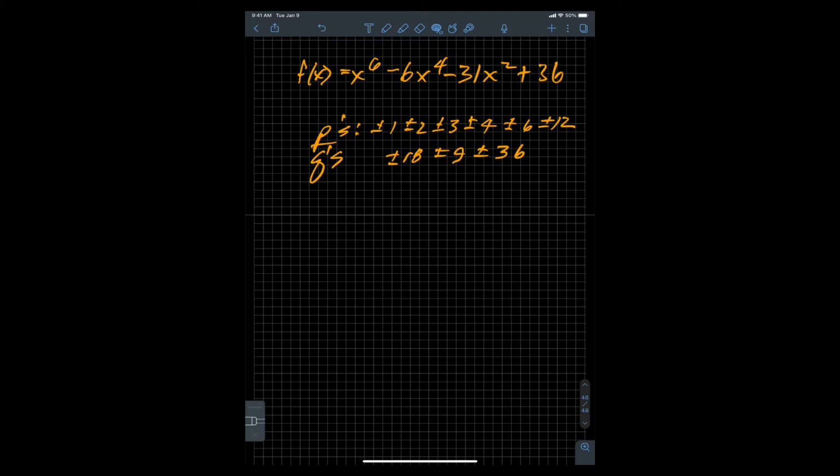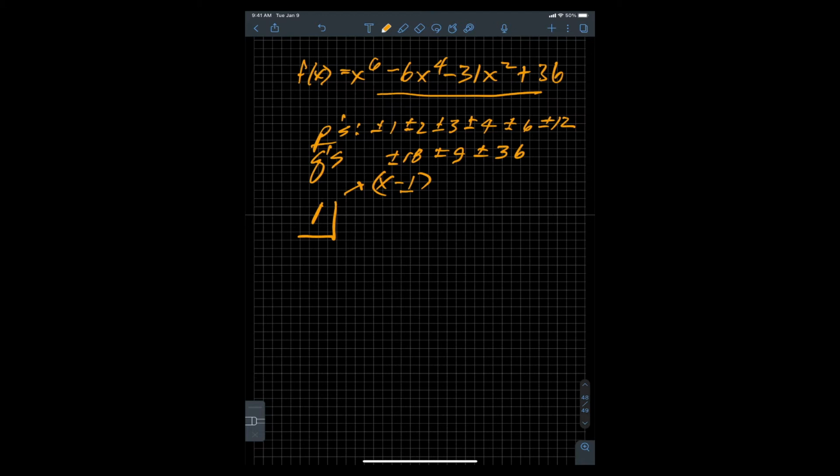So I want to see if 1 works. So I'm going to substitute the root 1 and see if 1 is a root. That means my binomial is x minus 1, right? And so I'm going to divide that into this, since I'm choosing a binomial that is monic, meaning the lead coefficient is 1, then I can use synthetic division.